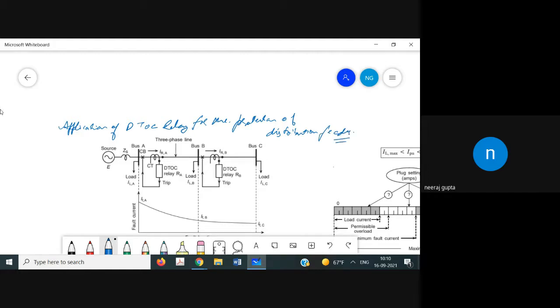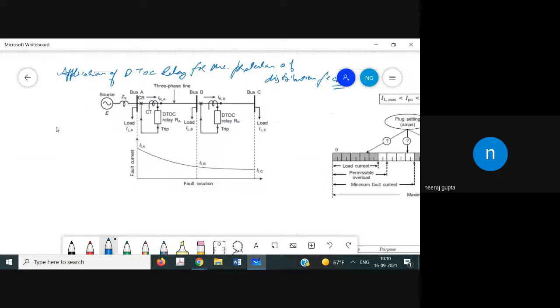In the last lecture, it was discussed how the electromechanical relay works and the basic principle of that relay. Now, in this case, we discuss the application of a definite time overcurrent relay for the protection of a distribution feeder. Let us consider the three-phase feeder as shown in the figure.